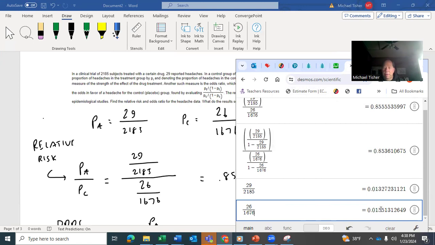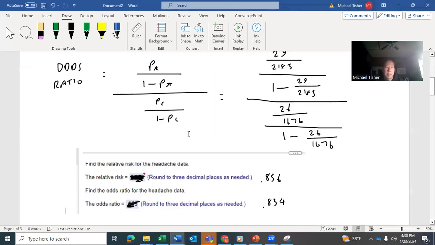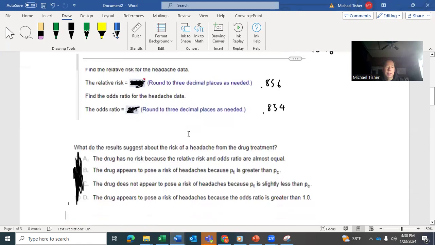In fact, because PC is higher than PT, the drug doesn't appear to pose a risk.